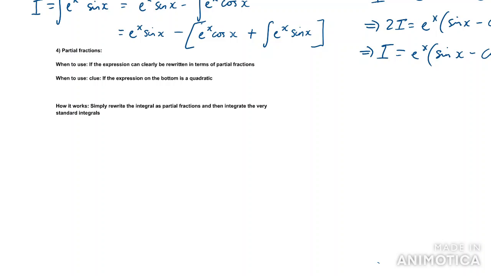Okay, so the final tool for the toolbox is partial fractions. These are very easy. You should already be aware of how to use partial fractions, and effectively, it's exactly the same as standard partial fractions.